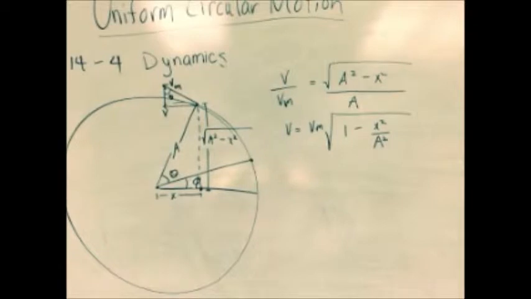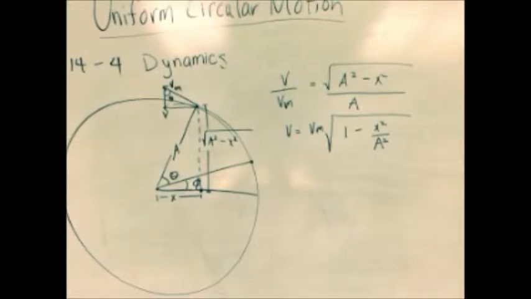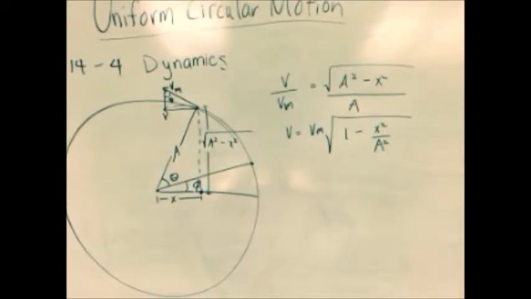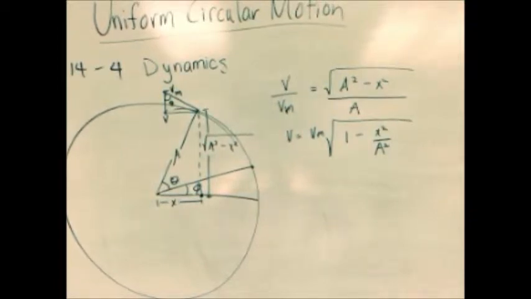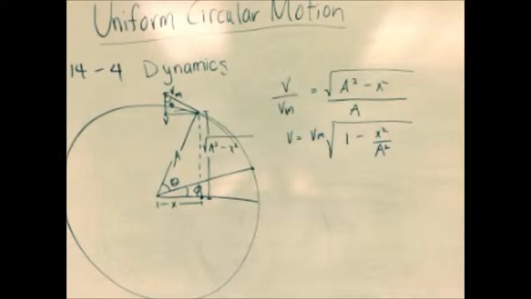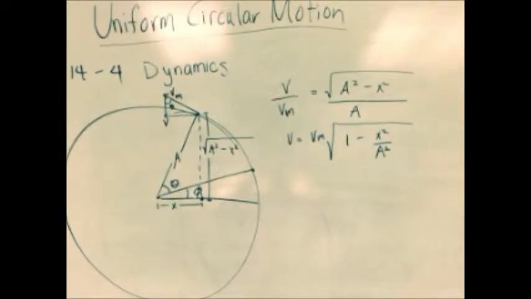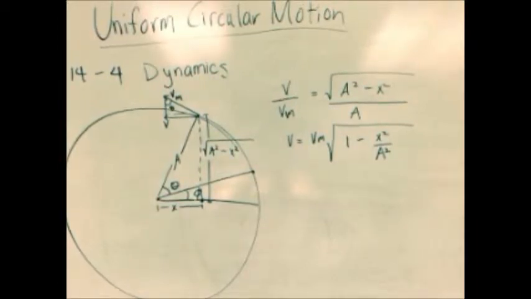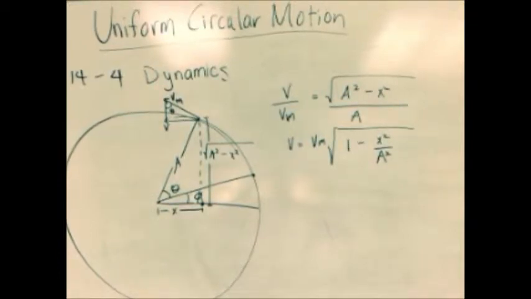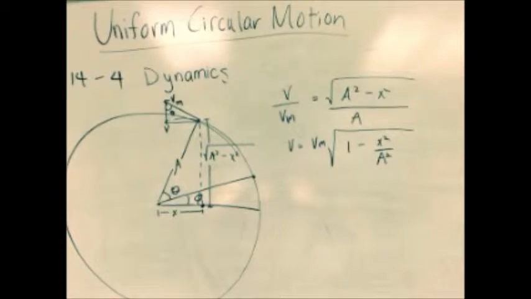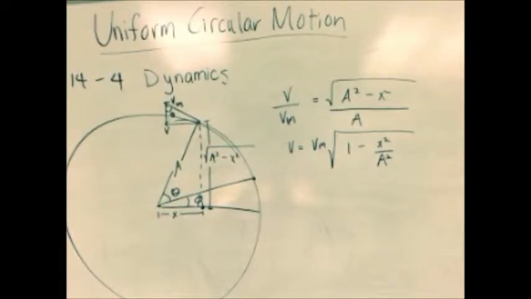We know that the x coordinate of the point is x, and using that we can solve for the y value, which is the square root of a squared minus x squared. We know how the horizontal velocity and the tangential velocity are related, and using that we get v over v sub m is equal to the square root of a squared minus x squared over a.